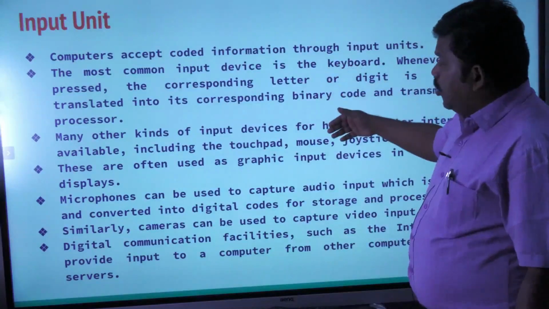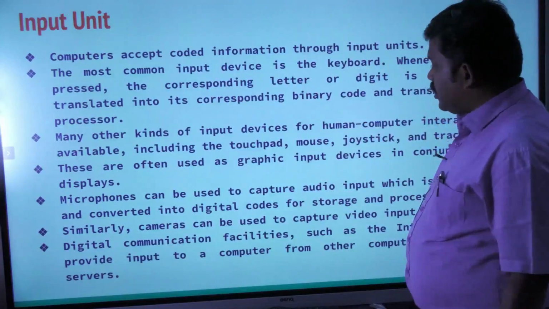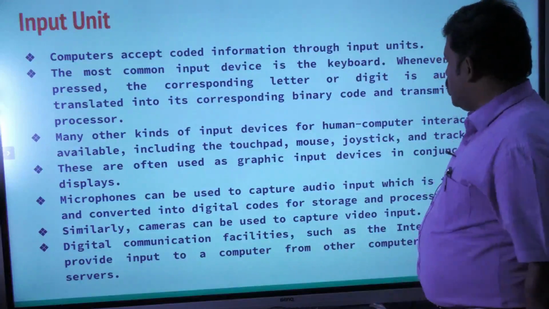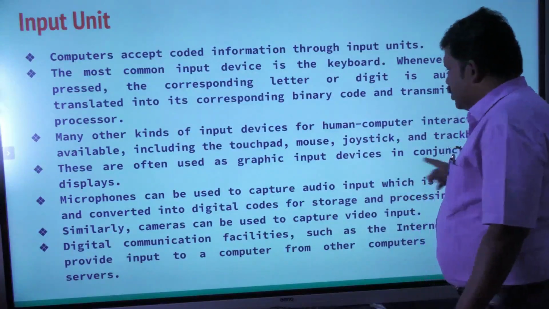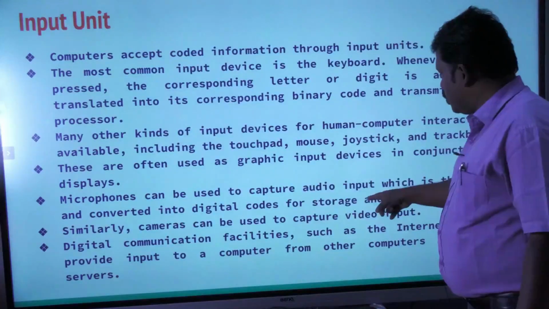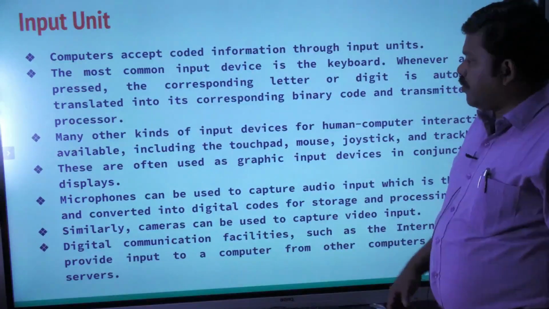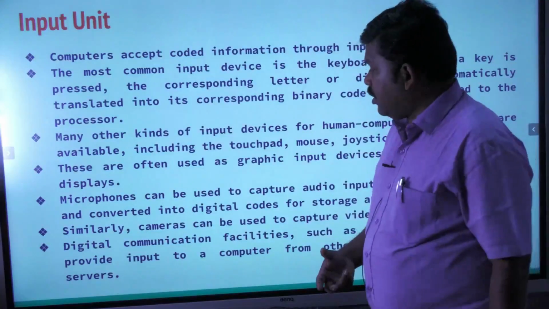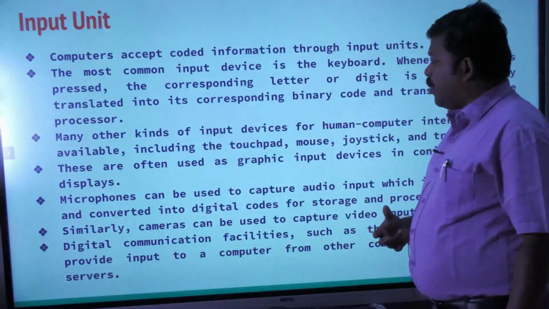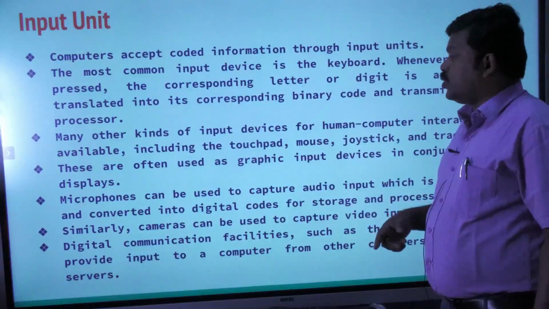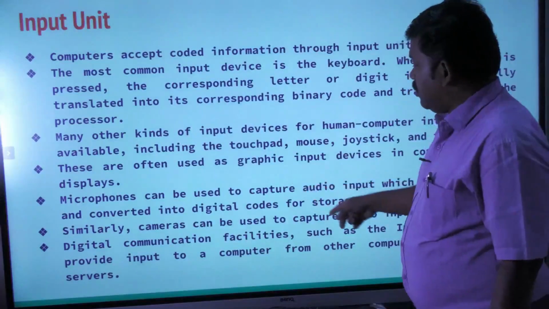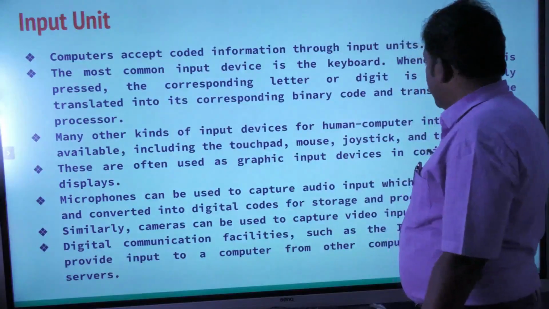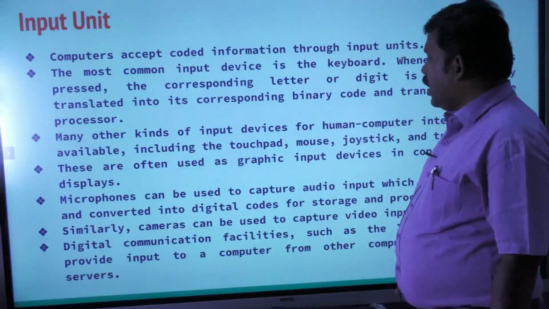Other than the keyboard and standard devices, sometimes microphones can also be used to capture the audio input, which is then sampled and converted into digital codes for storage and processing. Sometimes user commands will be given through microphones also, and that signal will be transferred to the CPU for further processing.